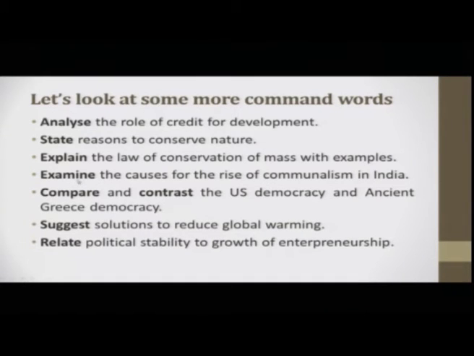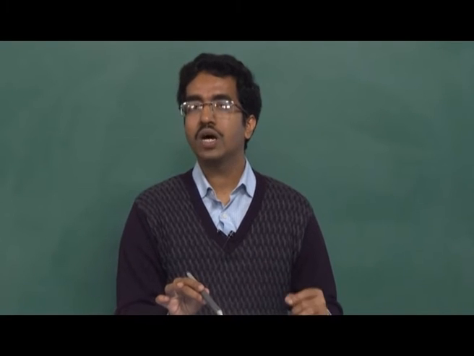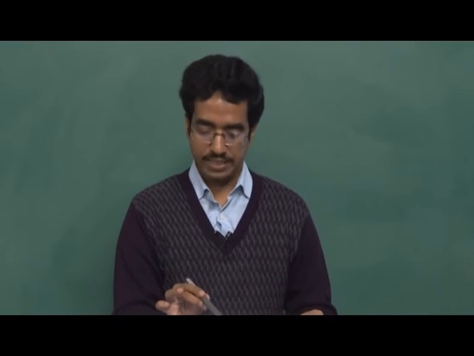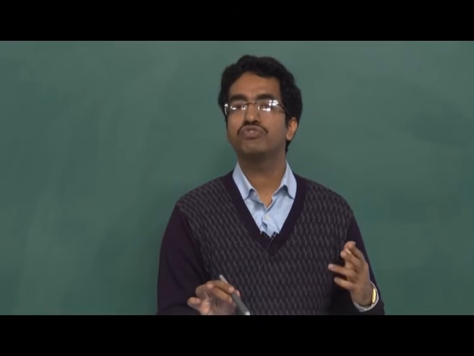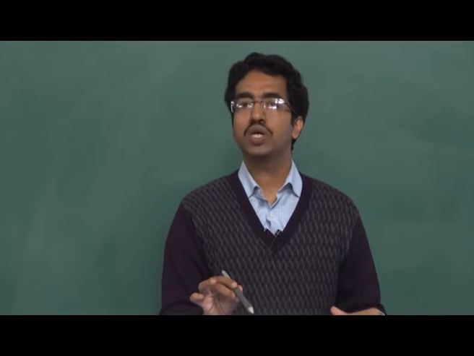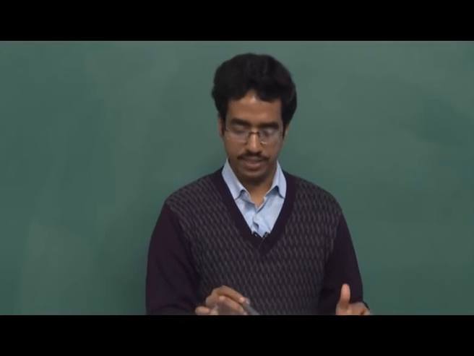When you see the word examine, here you not only list, you also very clearly check if there is any truth behind it. For example, some people may give some reasons for the rise of communalism in India. You have to check whether each one is true or not. So, you bring in your personal judgment. Of course, this is not out of nothing. This is based on your previous readings, experts' opinion, and other things.